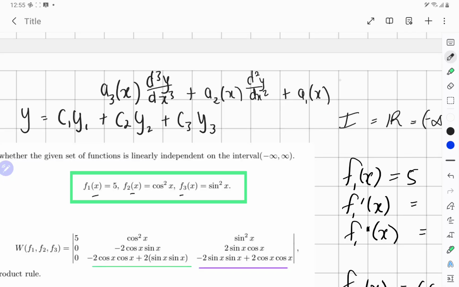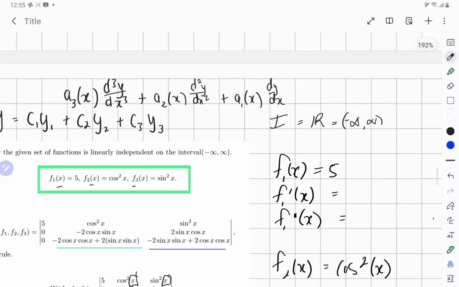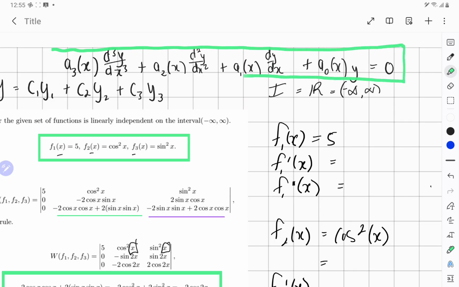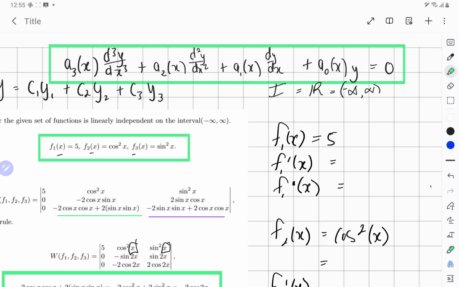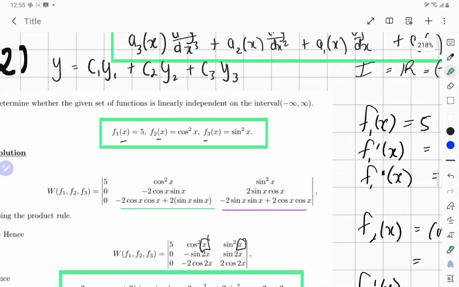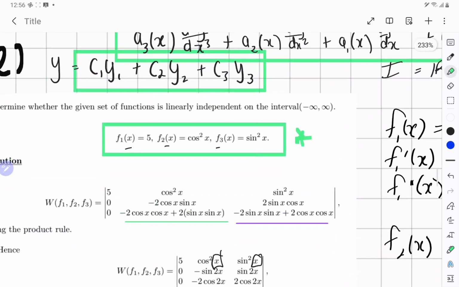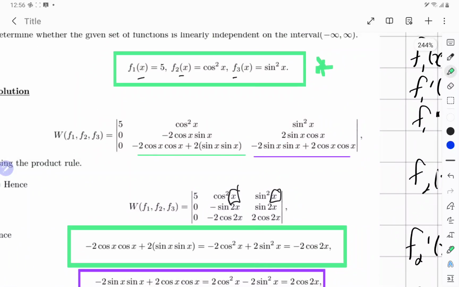What I'm saying now, dy/dx plus a0(x)y is 0, 0 because we are doing homogeneous differential equations. So, if the Wronskian of the three functions is not equal to 0, we know that the linear combination of them will be a solution to our third order differential equation.